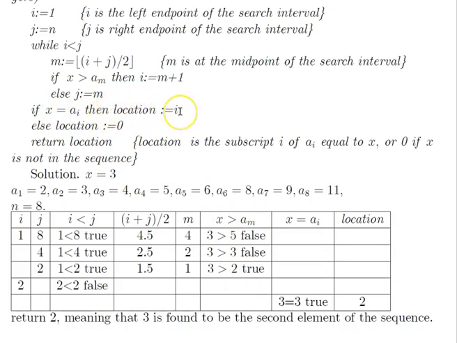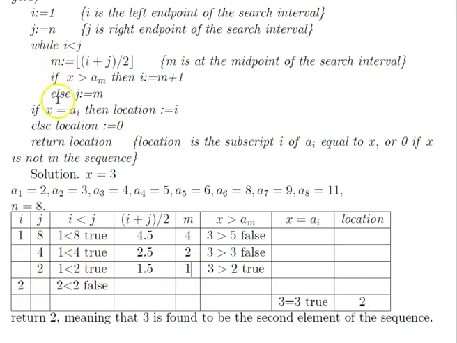We do the statement after then, and it is i takes value m plus 1. i takes value m plus 1, and then in m we have 1, so i takes value 2.